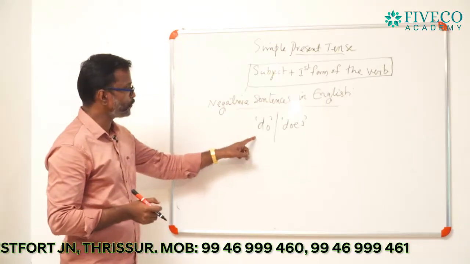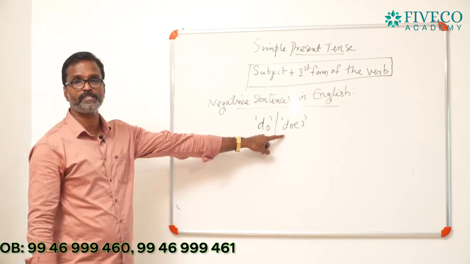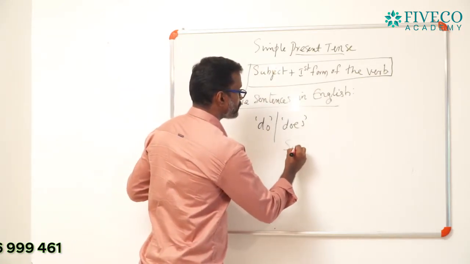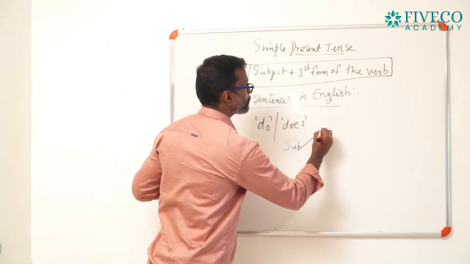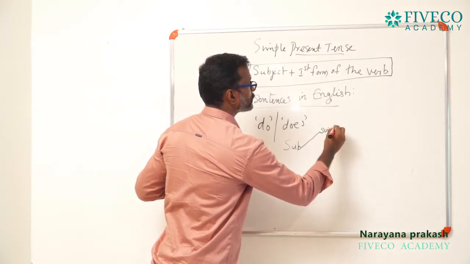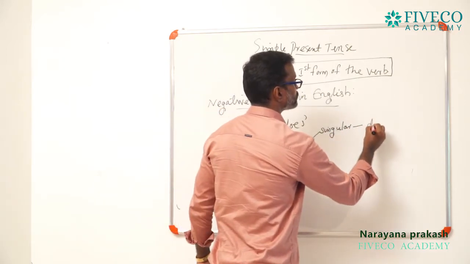So listen, do or does. These are the two auxiliary verbs you can use in simple present tense. I mean, if the subject is singular, you can use does.